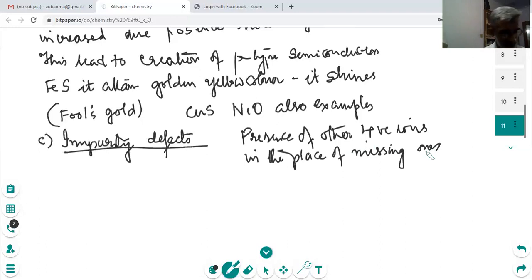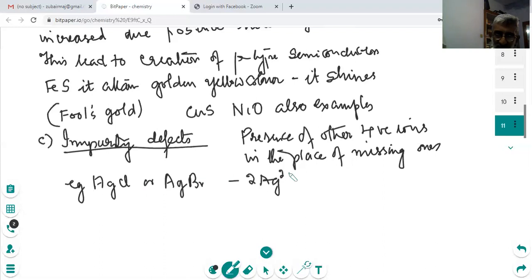Okay. Example: silver chloride crystals or silver bromide crystals. When 2 Ag plus is missing, what happens is this is replaced by a metal ion having almost the same size, Cd2 plus.